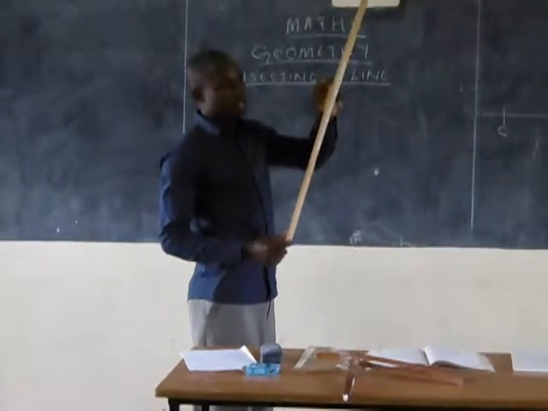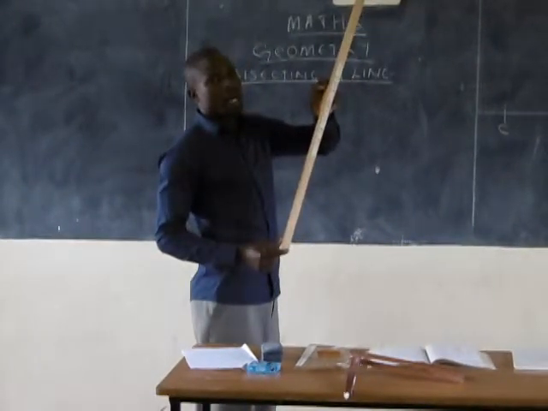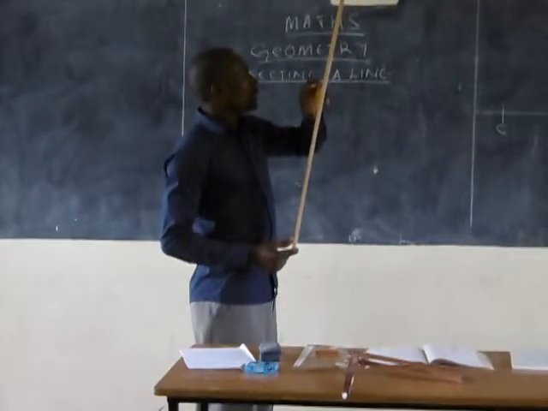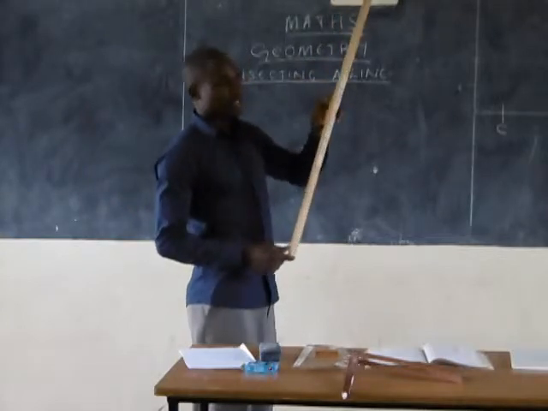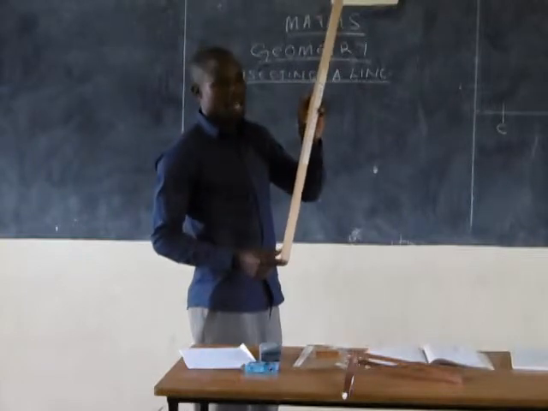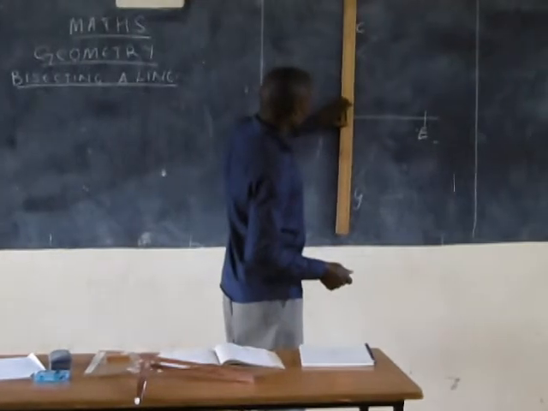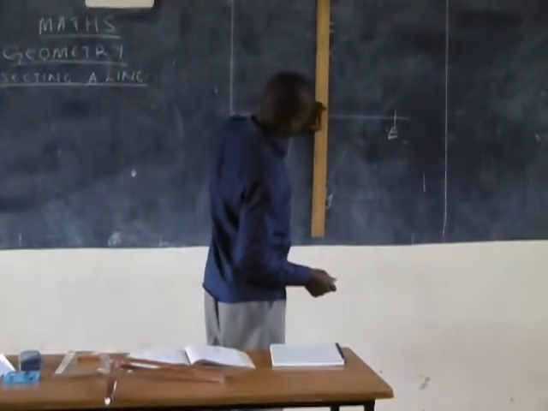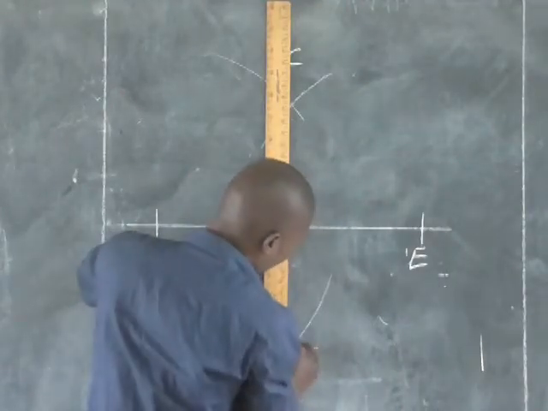We're going to use the ruler to join point X and point Y to have a straight line. In fact, a ruler enables us to have a straight line. So, join X and Y.